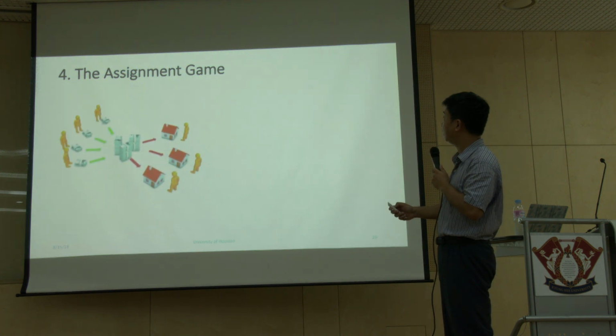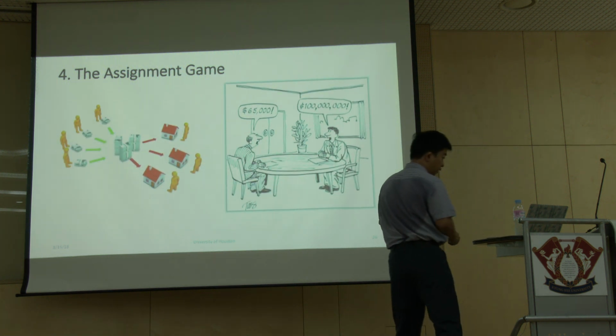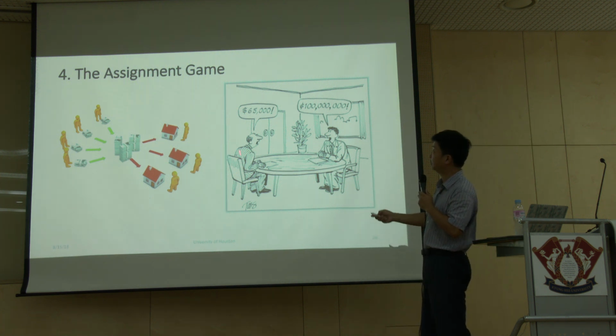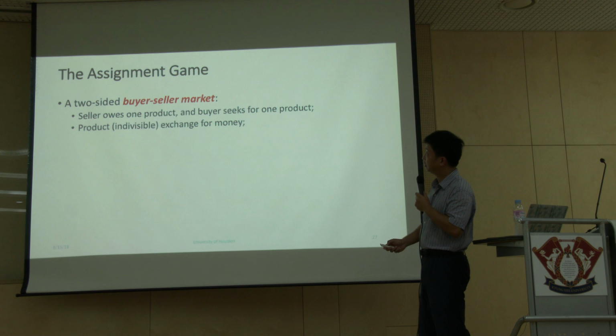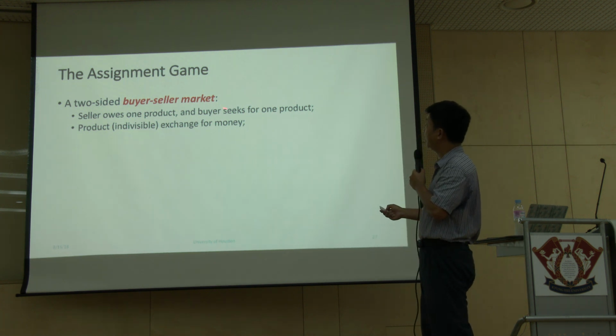And finally, the assignment game. Basically, we have a set of people and a set of resources, and how could we find the assignment? Which person will be assigned to which resource? There are two-sided assignment games, like a buyer and seller market.